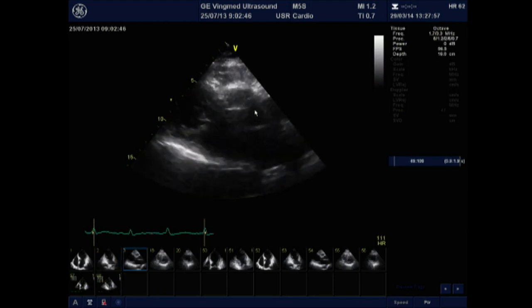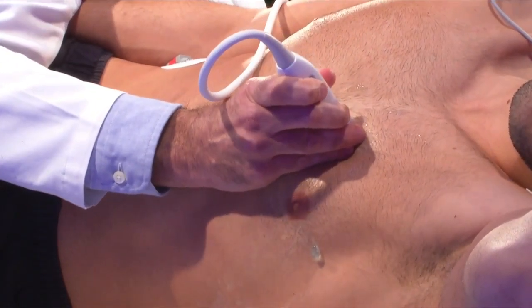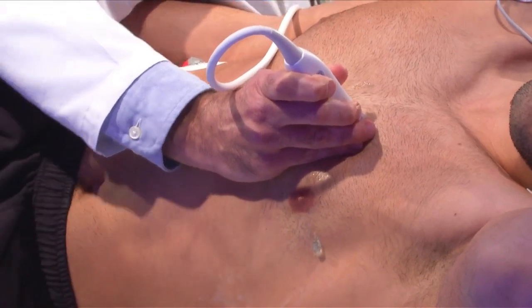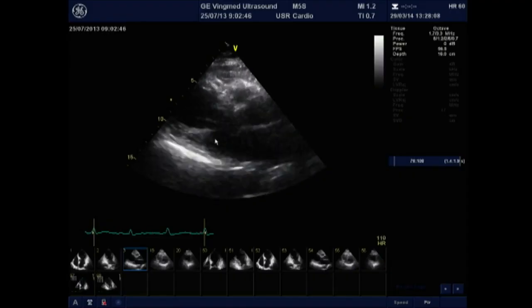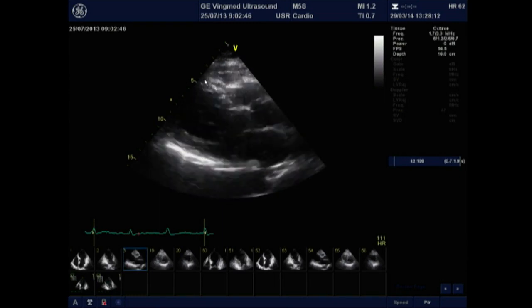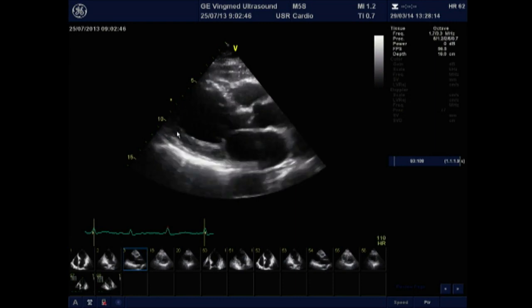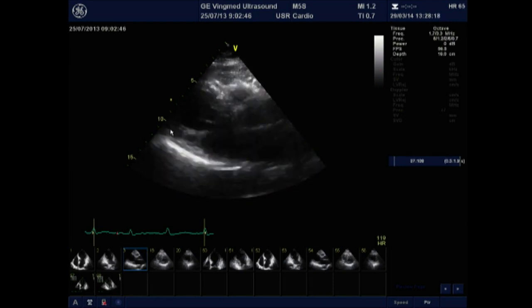And this is the parasternal view. Just a little bit more gain. And exactly the same impression. Basal segments okay, and the anterior septum is akinetic, as well as the medium segment of the posterior wall.